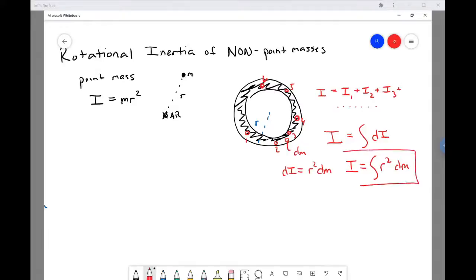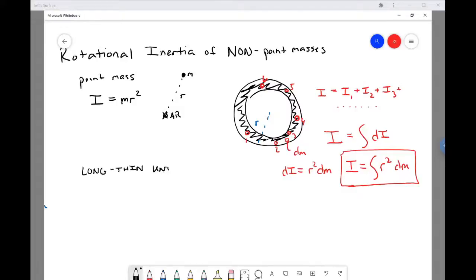So here's a more general way of expressing rotational inertia, as an integral. Let's do an actual example. I think we have time to do this. So let's think about a long, thin rod, so its thickness or width doesn't matter.